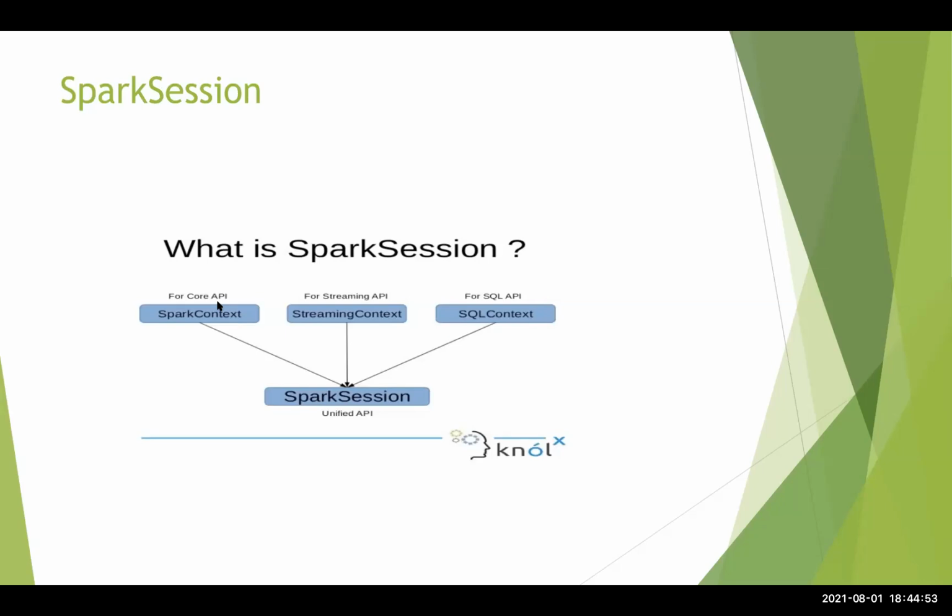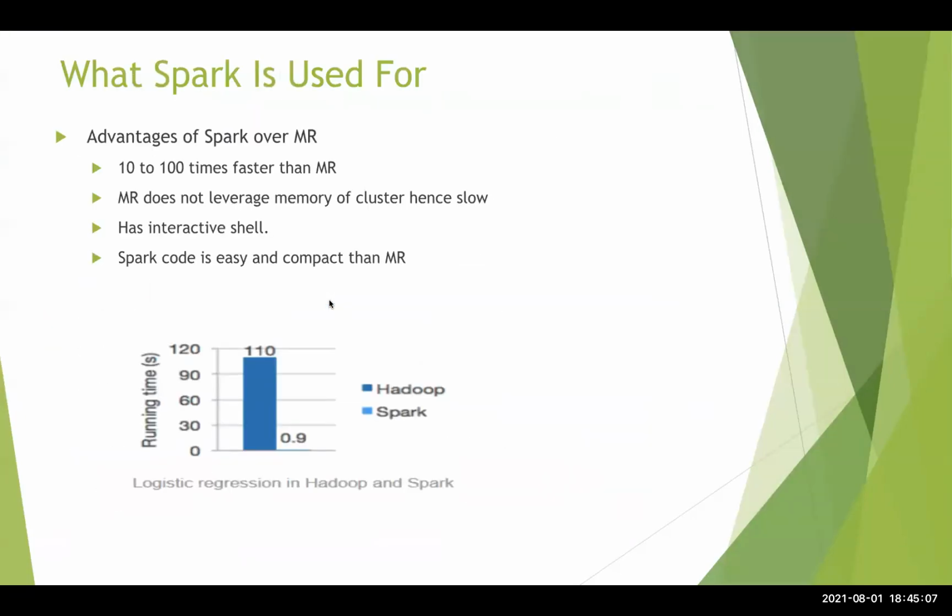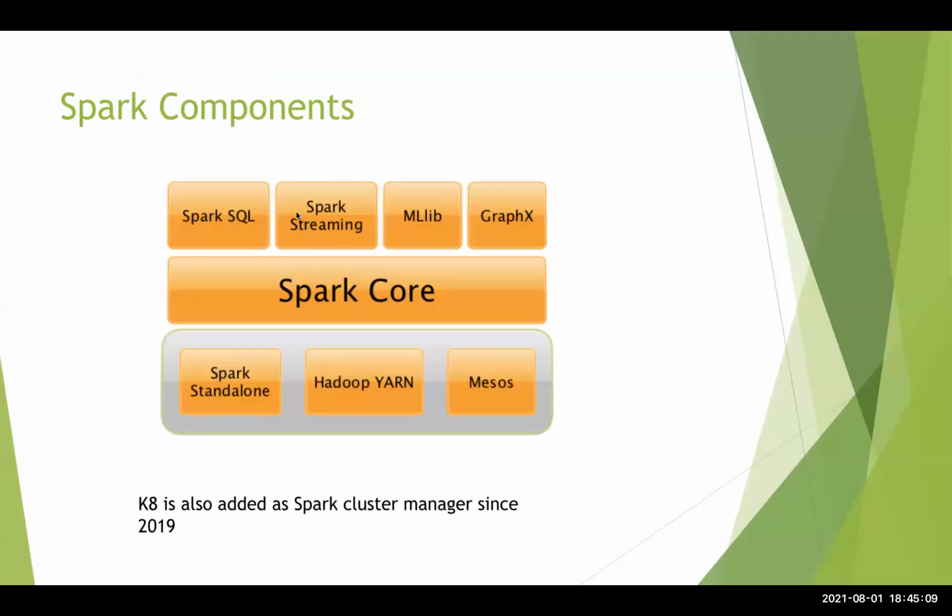This is one pictorial representation. So you had the Spark context. For the core API, you have streaming context or streaming API, SQL context. Even in the streaming API, I think I should mention that we discussed this diagram: Spark SQL and Spark streaming. Now in Spark streaming, they came up with structured streaming some years back.